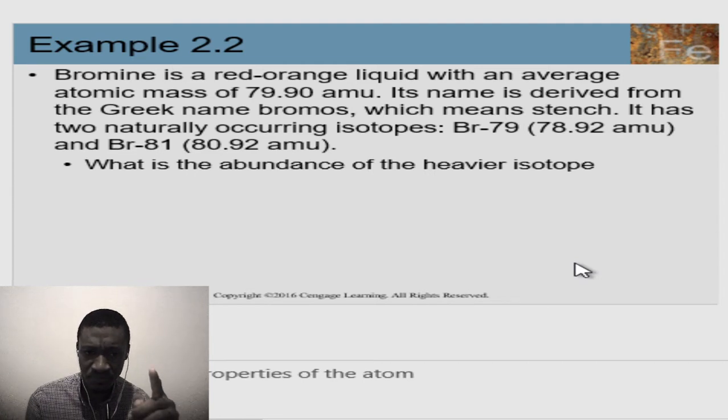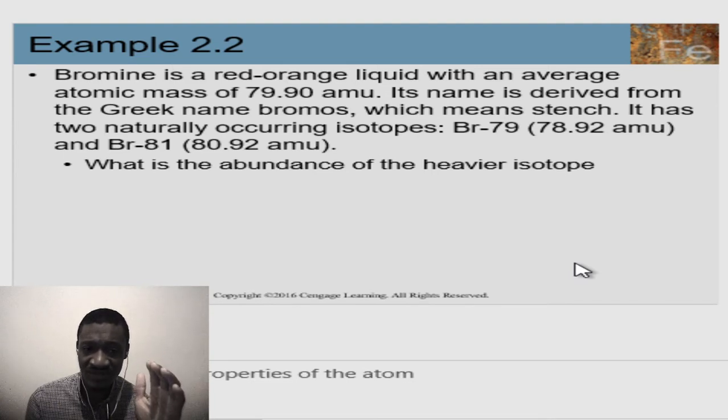So its name is derived from the Greek name bromos, which means stench. It has two naturally occurring isotopes, Br79, which is 78.92 atomic mass units, and Br81, which is 80.92 atomic mass units.